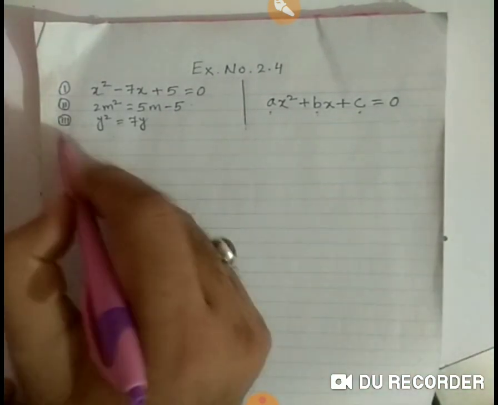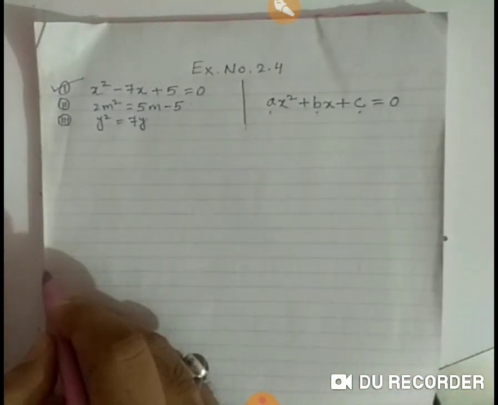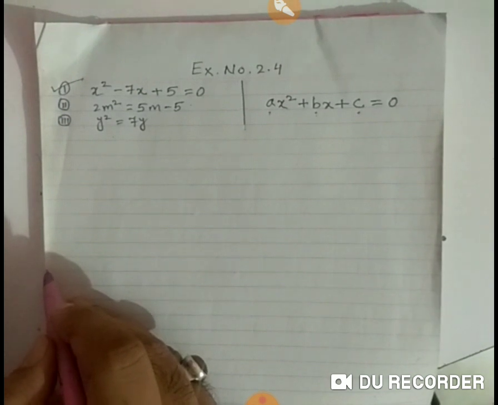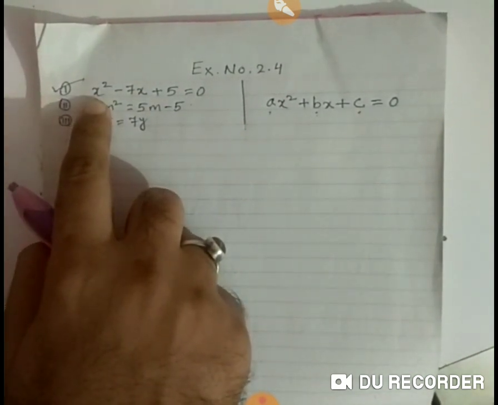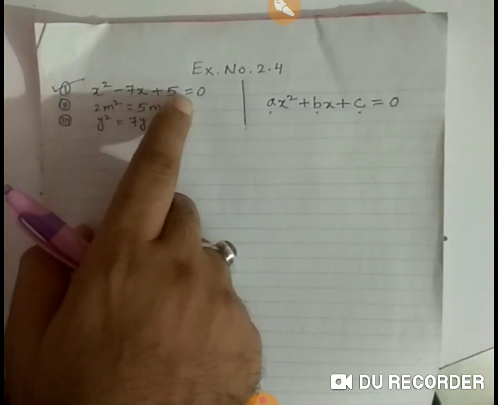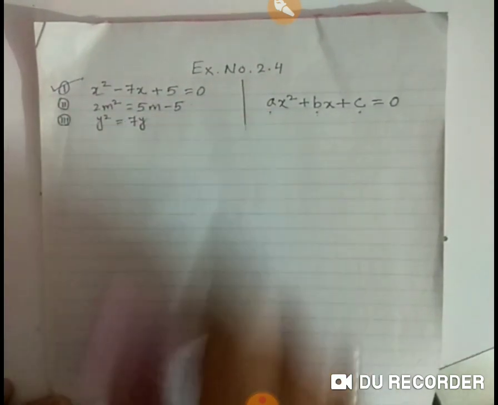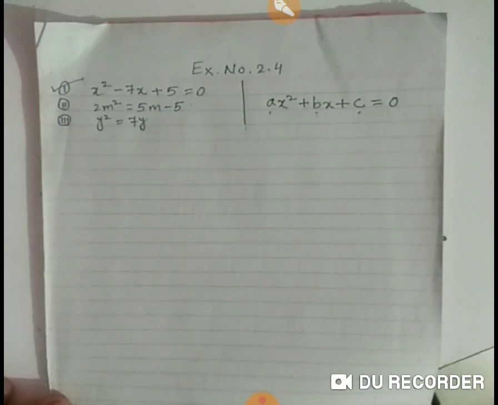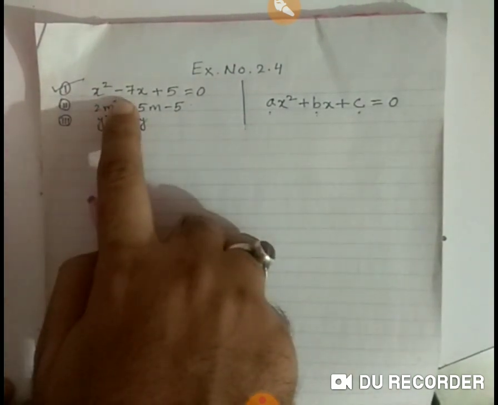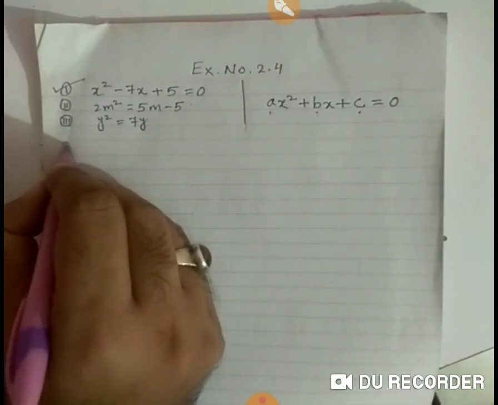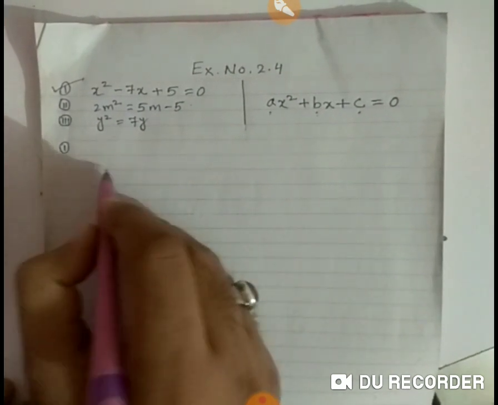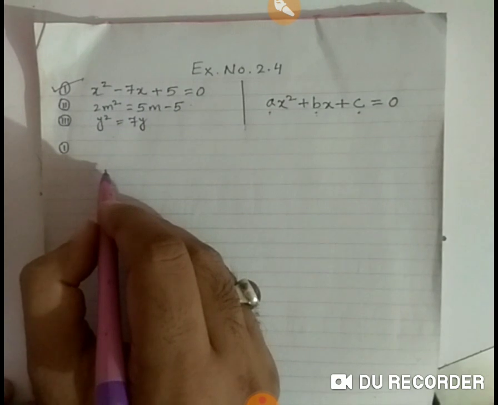So here, first one, this equation. Now compare this equation x square minus 7x plus 5 equals to 0 with this standard form. Is it in proper standard form or not? Yes. This equation is in proper standard form.